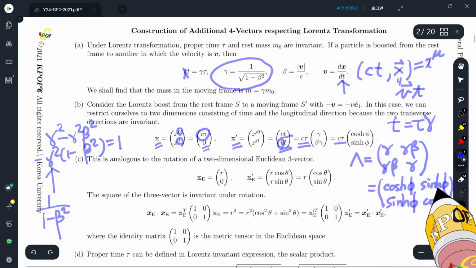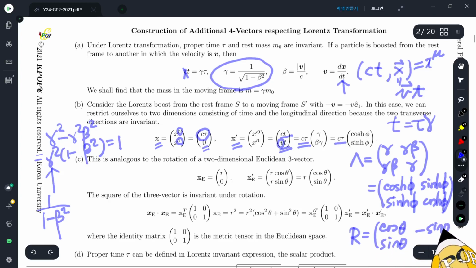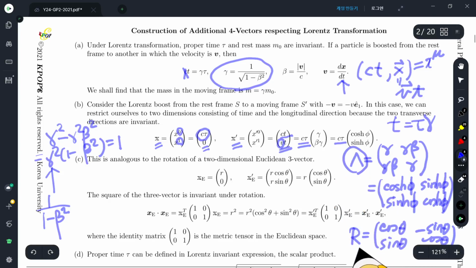There's no sign difference at all relative to the rotation matrix that has the cosine, sine, and minus sine, cosine. Again, the determinant of the Lorentz boost matrix and the determinant of the rotation matrix are both equal to 1.